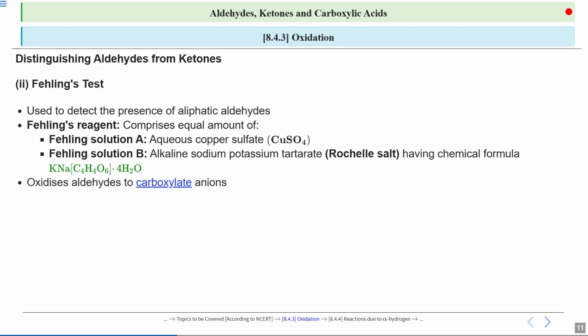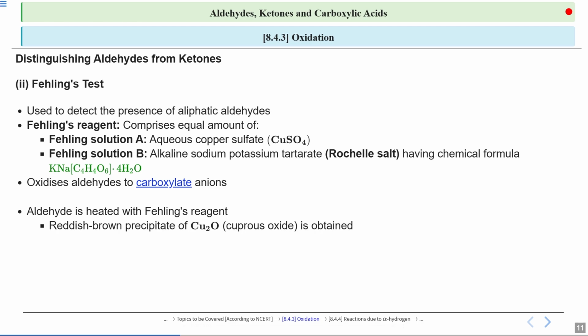So now what happens in this test? Aldehydes are oxidized to form carboxylate anions. This means that the aldehyde group is converted into a carboxylate group. When an aldehyde is heated with Fehling's reagent, a chemical reaction occurs.